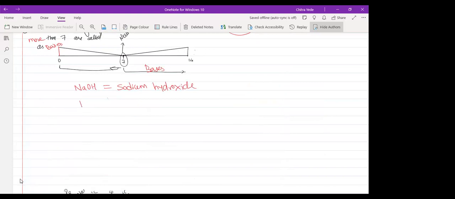Then KOH, potassium hydroxide. Then NH4OH, ammonium hydroxide.